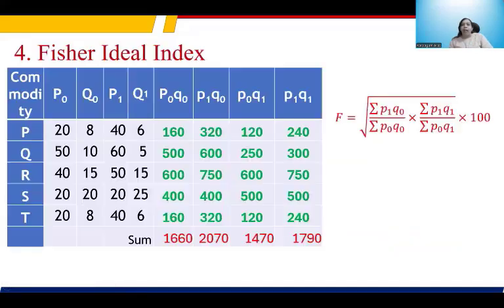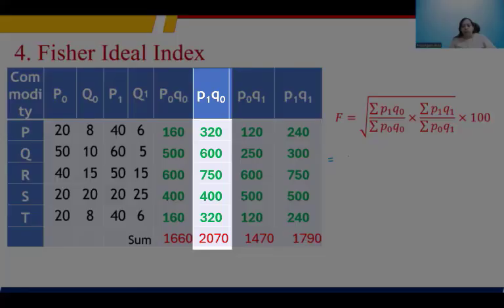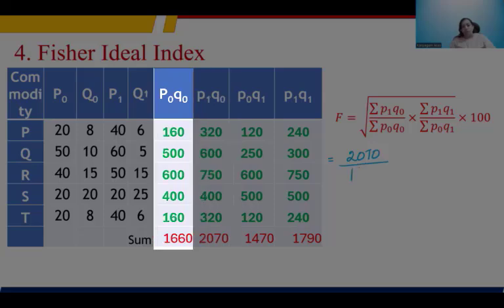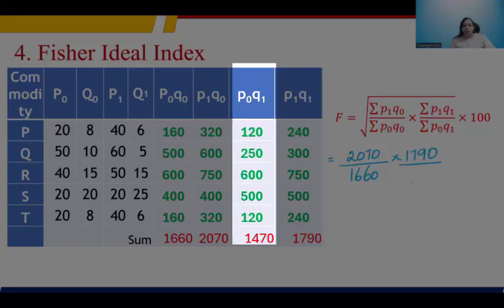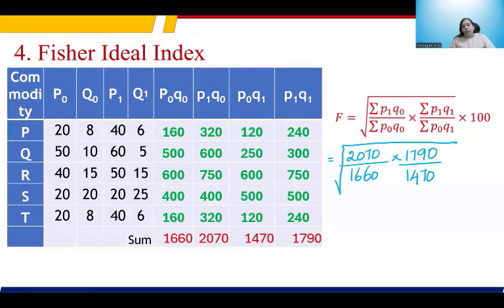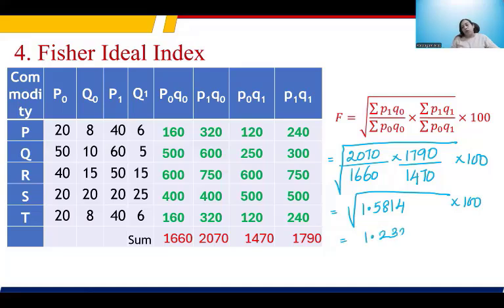But they have not asked you for the Laspeyres index and the Paasche index. Straight away you have to calculate Fisher Ideal Index. Then straight away substitute the values here, which is equal to summation of P1 Q0, 2070, upon summation of P0 Q0, 1660, multiplied by P1 Q1 by P0 Q1. Here we would multiply this by 100. 1.5814 multiplied by 100. 1.2322 into 100, which will give us 123.22.